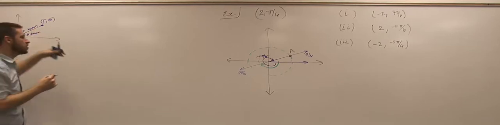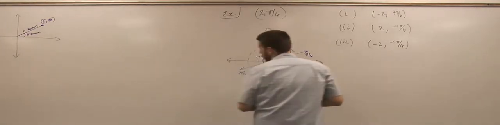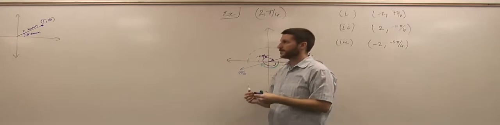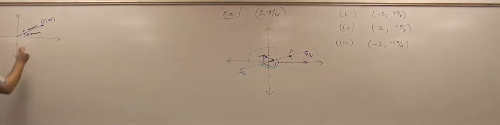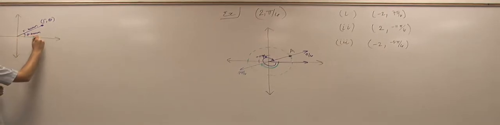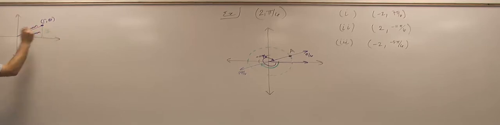I want to be able to reconstruct the corresponding xy coordinates. So basically I want to be able to find how far I would have to go out this direction, which would be my x coordinate, and how far I'd have to go up, which would be my y coordinate.